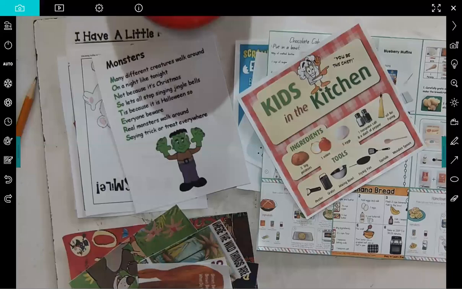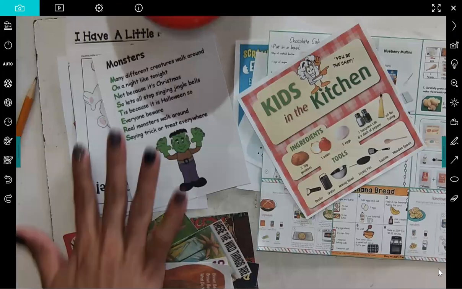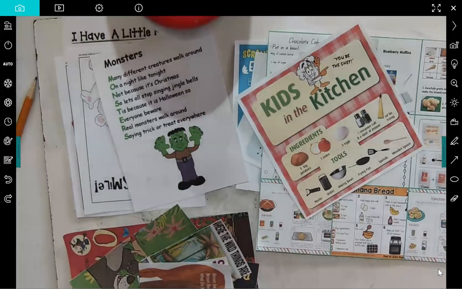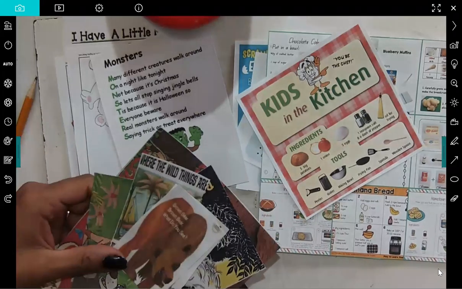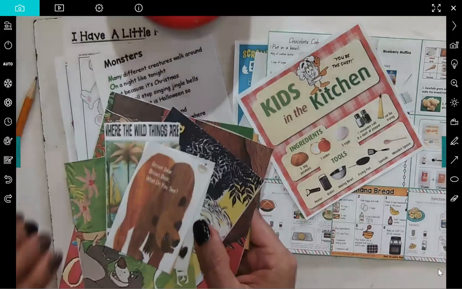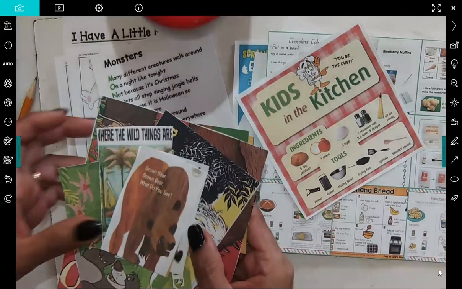So let me share my screen. Okay, friends, I have three types of text here. I have some stories, some poems, and some recipes. So this pile has stories. Friends, I don't have enough books at my house to actually have stories, but I have pictures of the front covers of the stories.